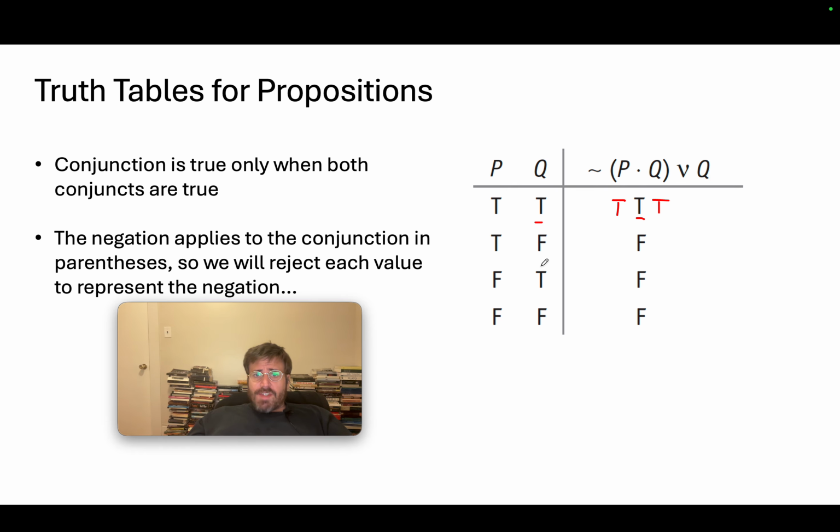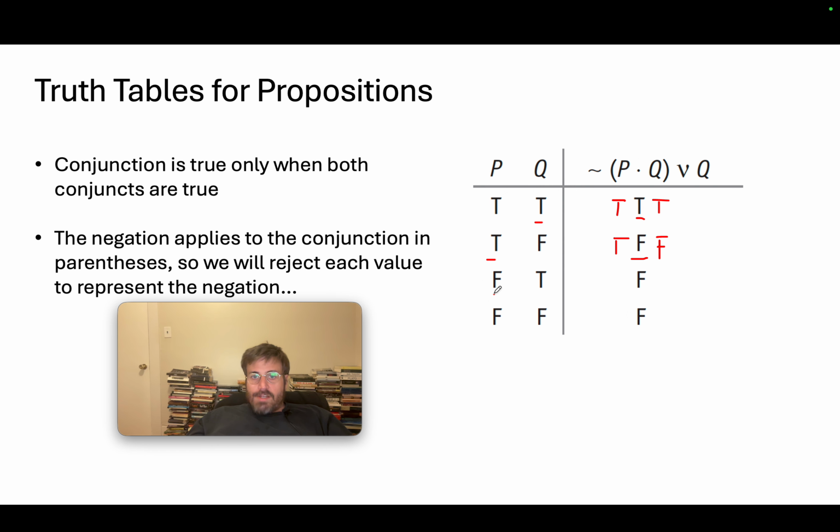If we go down to the second row, I plug in the value for P on the second row, which is true. And then I have a comparison with the second conjunct on the second row, Q, which is false. So I'm going to write in false. So we know that the value of dot as a whole is false, right? Because we have one false conjunct when we need two true conjuncts.